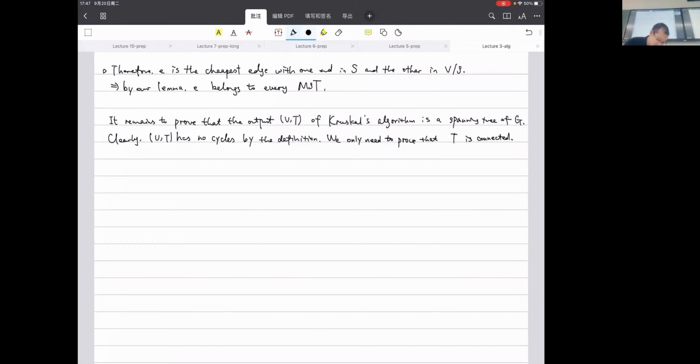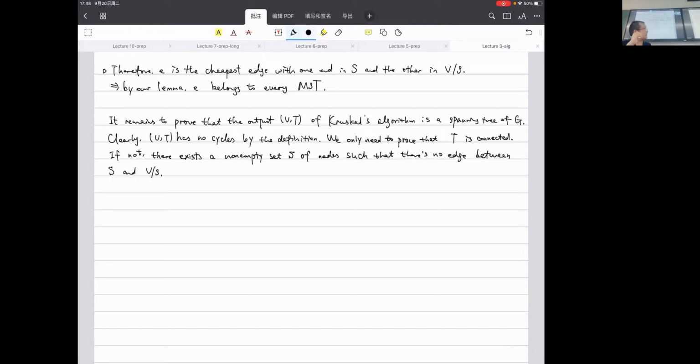So let's also argue this by contradiction. If not, there exists a non-empty set S of nodes such that there's no edge between S and V over S. Basically, you're assuming that the output T here is not connected.